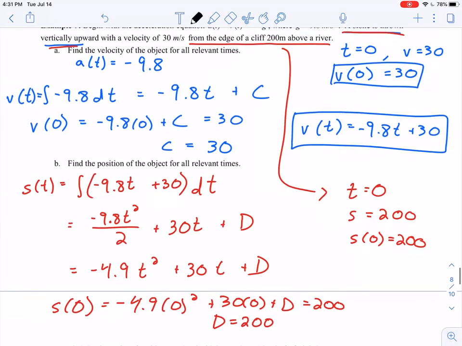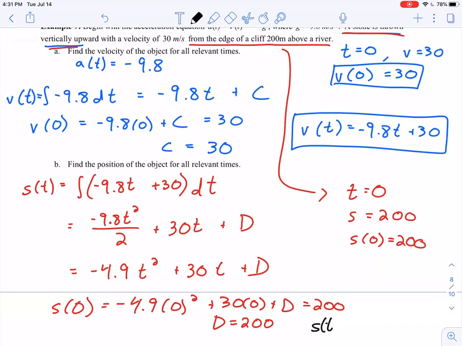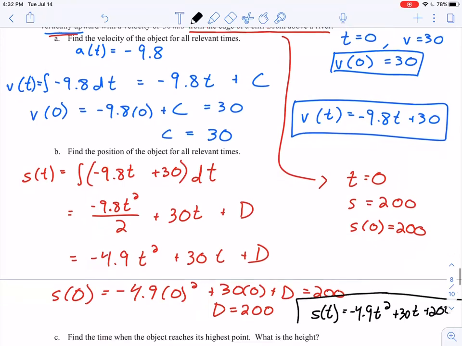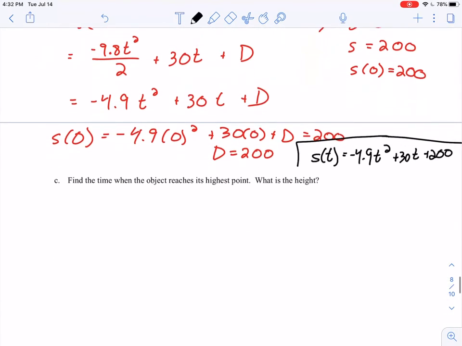So I'm running out of room here. S of t then is equal to negative 4.9t squared plus 30t plus 200. Here is my position function. So not all that different from the example that we just looked at right before this. And we may want to do a little bit more work here.